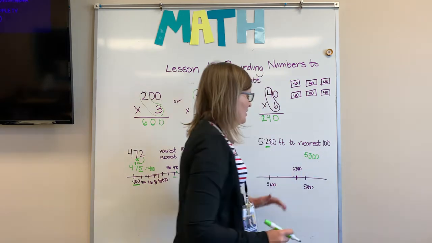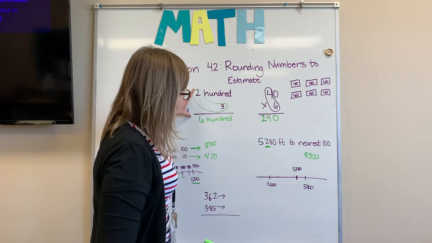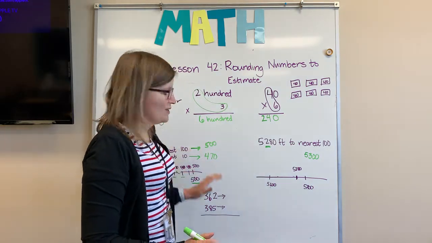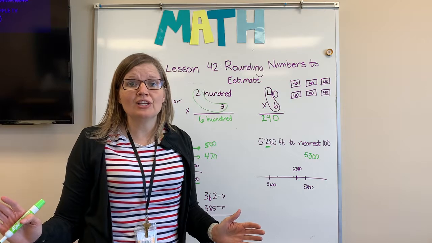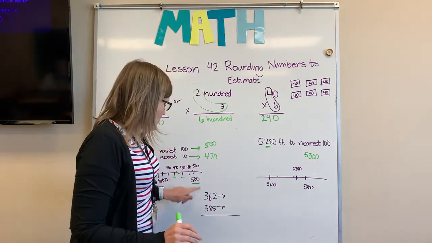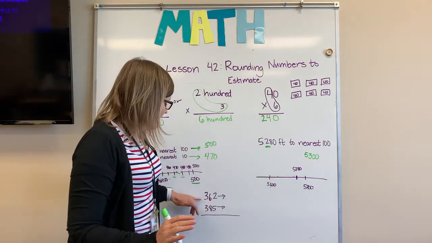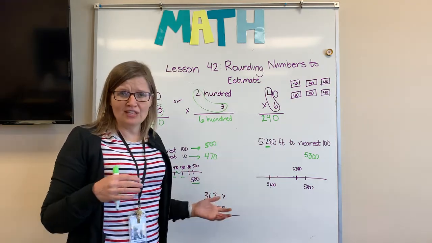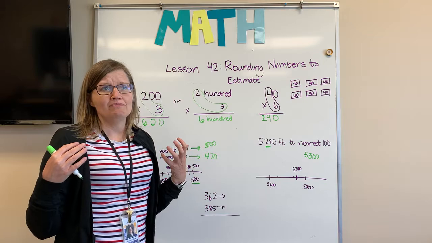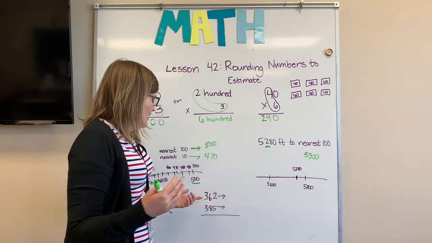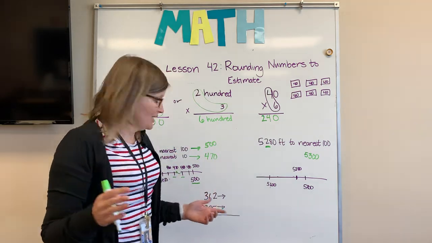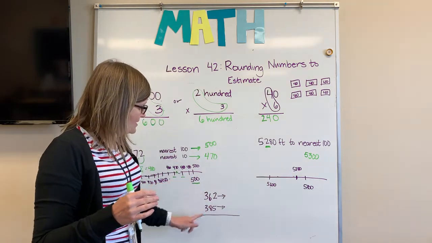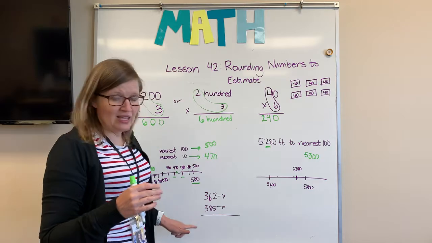So we've talked about multiplying multiples of 10 and 100. We've talked about rounding. Now here's where the magic happens. We have some numbers and they say estimate: round these and then add. Because they've said rounding it, that is great for me. It means that I don't have to do all these nitpicky things.